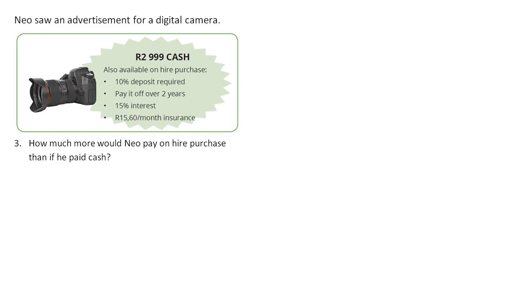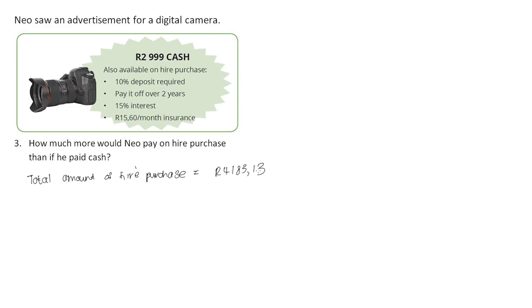The last part of the question reads, how much more would Neo pay on hire purchase than if he paid cash? Now recall the total amount of hire purchase that we had calculated in the previous question was 4,183 Rand and 13 cents.